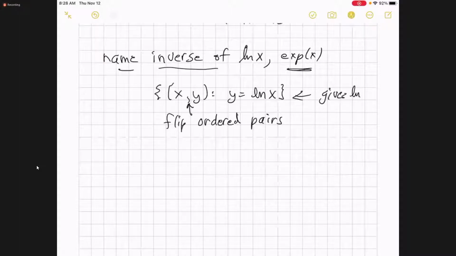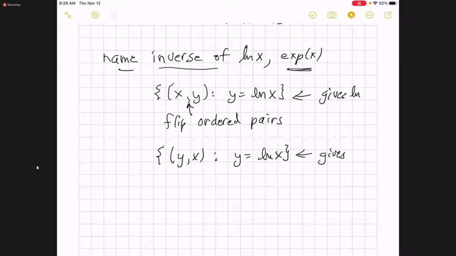If we flip the ordered pairs, so it's the set of all points y, x such that y is ln of x, this gives the exponential.